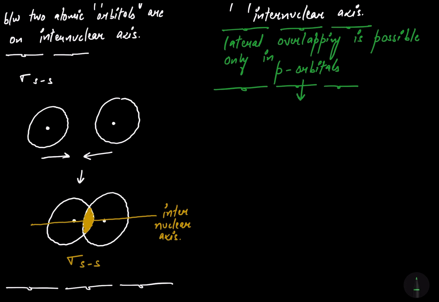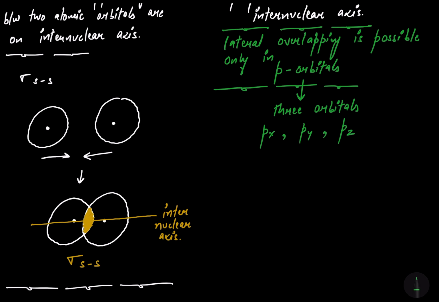We know that p orbitals are actually 3 in number. There are actually 3 orbitals in p subshell, and they are px, py, and pz.